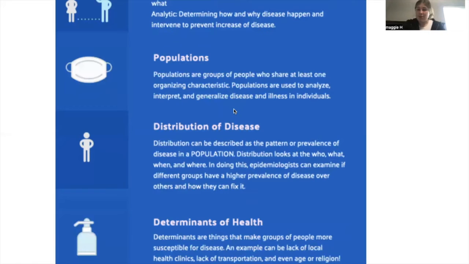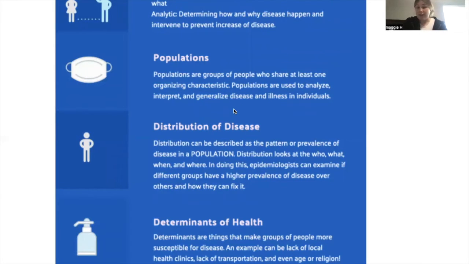So next, I'm going to be talking about distribution of disease. And this has to do with the population because epidemiologists will look at the distribution of the disease and look at exactly where it's happening in the population and why it's happening. So like I said, they look at who, what, when, and where. And in doing this, they can look at which groups have a higher prevalence of a disease.